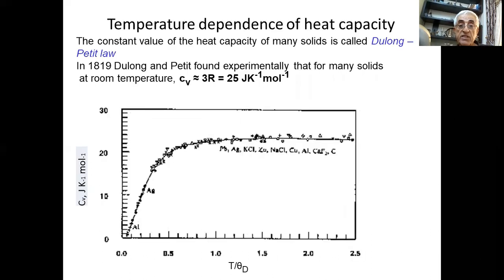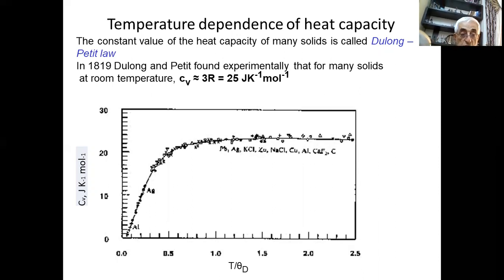Temperature dependence of heat capacity. The constant value of the heat capacity of many solids is called the Dulong-Petit law. In 1819, Dulong and Petit found experimentally that for many solids at room temperature, CV is approximately equal to 3R, which is about 25 joule per Kelvin per mole.